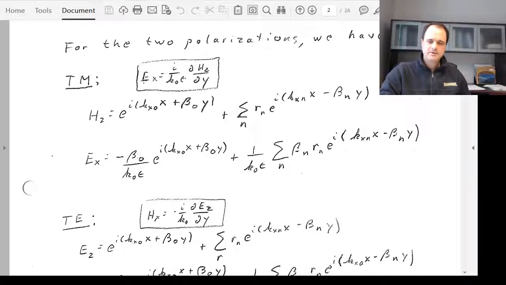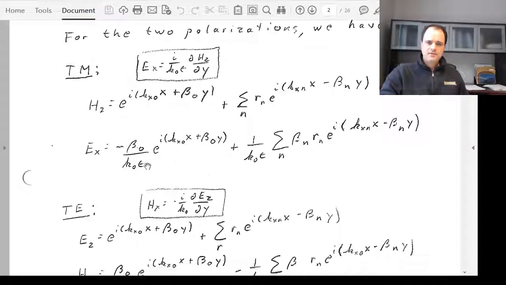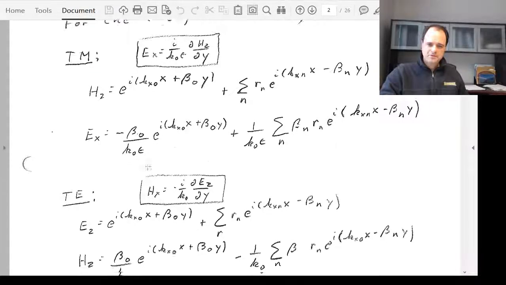So we start our analysis here, assuming an incident unit amplitude H field coming down, and a number of scattered waves coming back up. Then we plug H sub Z from here into this equation to get the electric field. You simply take the partial derivative with respect to y, multiply by a few constants, and you get this right here. That's for the TM polarization.